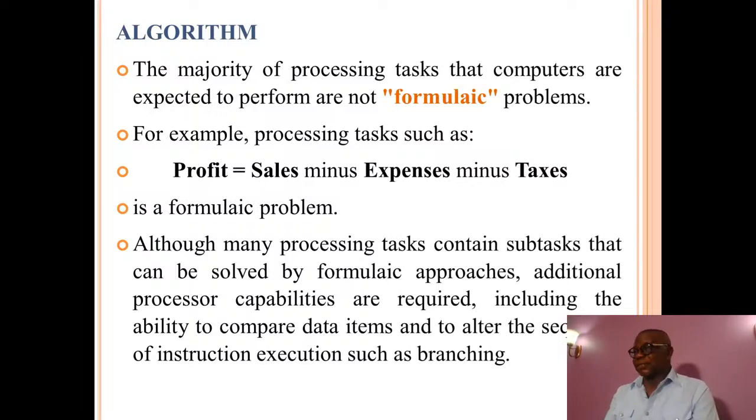We have covered branching in our previous lecture when we talked of the addressing techniques. So when you encounter such things, you are not solving formulaic problems, but you are trying to alter the sequence of execution of the program.